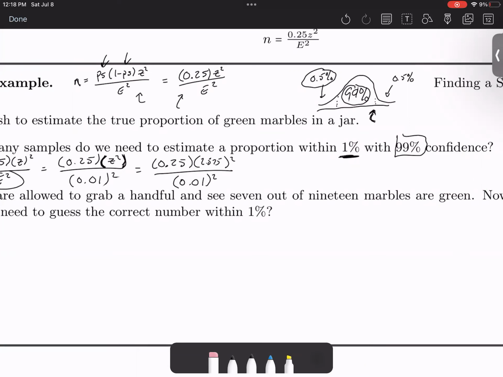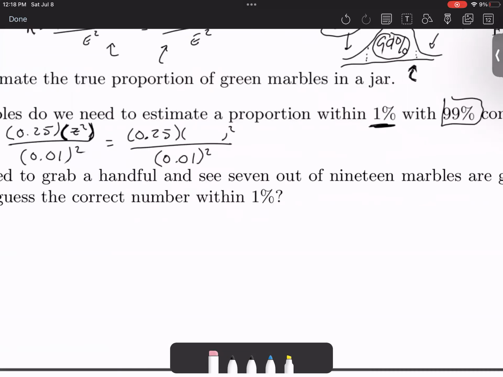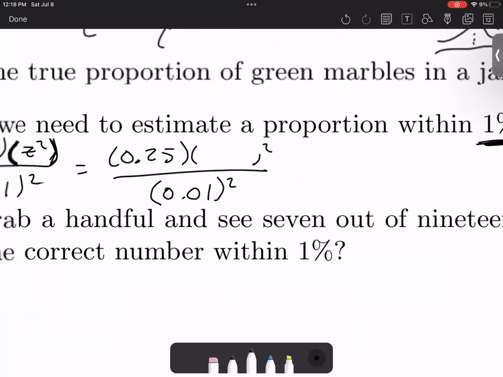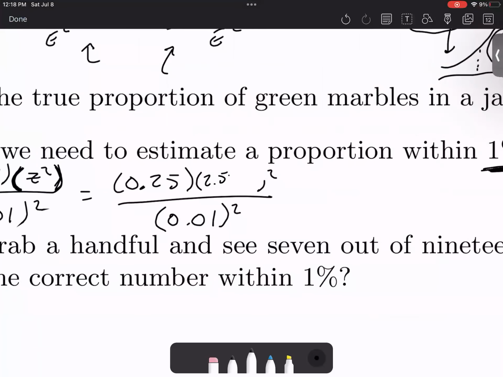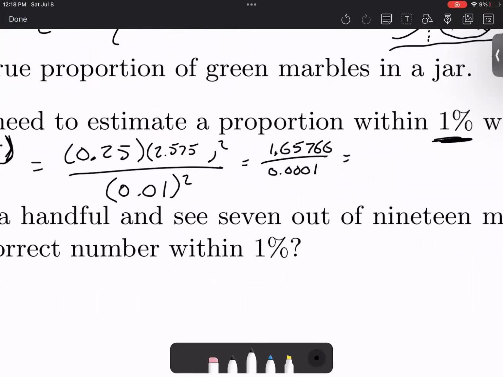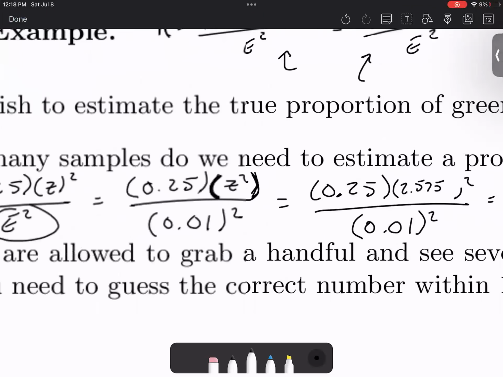I don't like that. Let's go through this equation slowly. 2.575. So my numerator becomes 1.65766. My denominator becomes 0.0001, which gives me an N value, right?